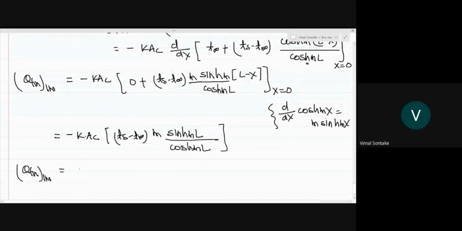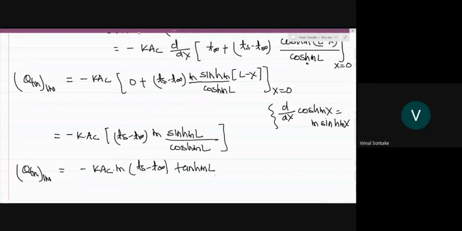Now m is constant, I can take it out: minus K AC into m into Ts minus T infinity tan hyperbolic ml. So this much heat transfer will take place from the fin attached to the base surface with insulated tip. Correct?